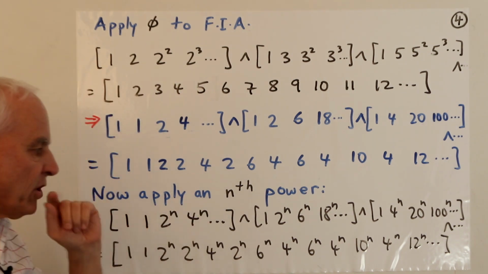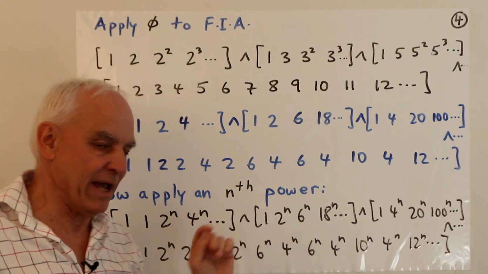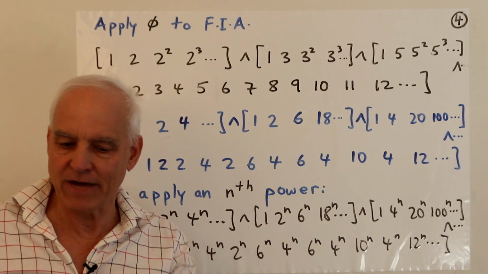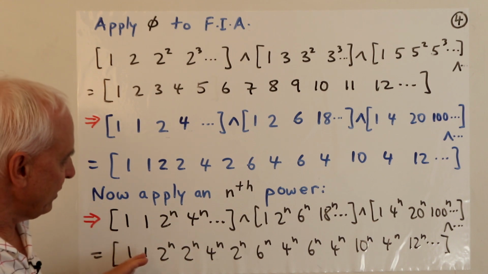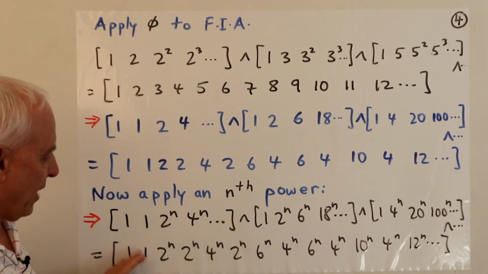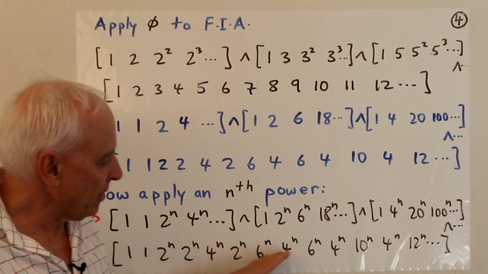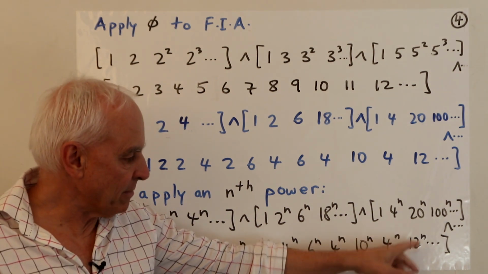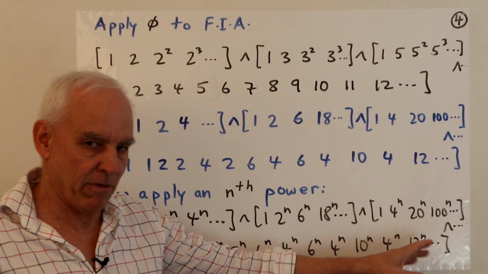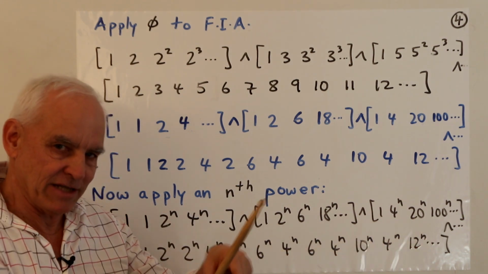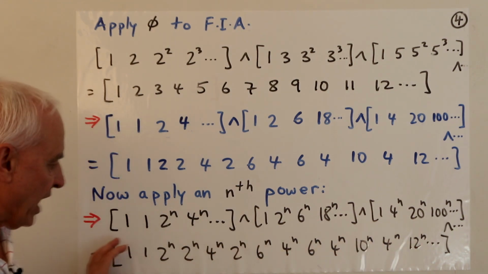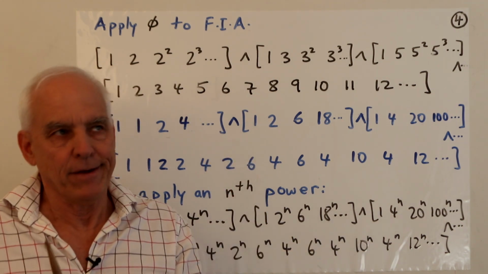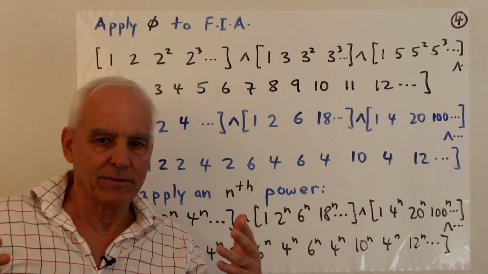But now, if we judiciously choose n to be a negative of a natural number, then we can expect, at least classically, that these guys here, well, the entries are getting big. And so if you raise them to a negative natural number power, you're getting something which gets smaller and smaller. So there's a chance that this thing here will converge in some kind of traditional sense.